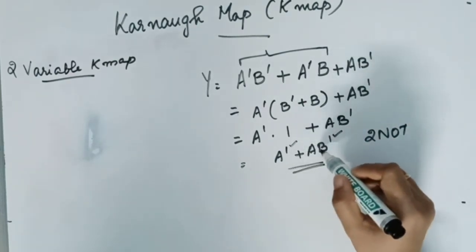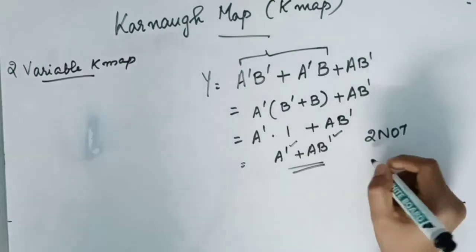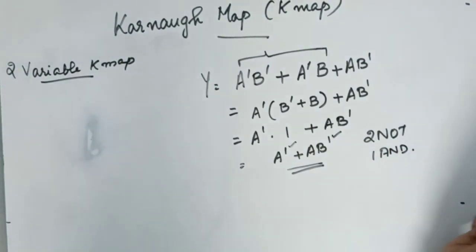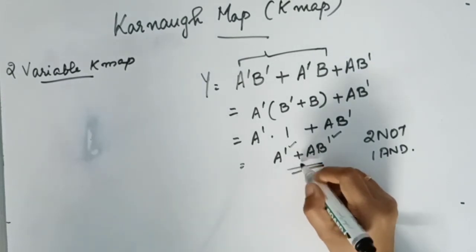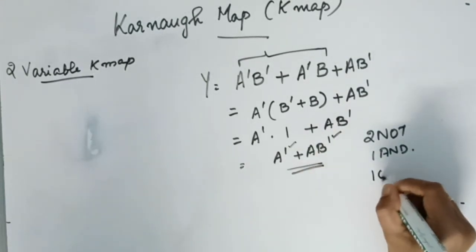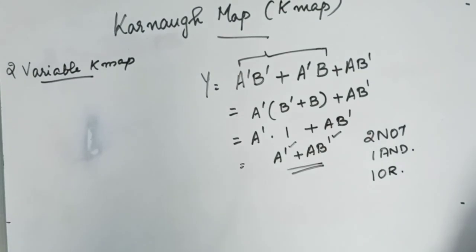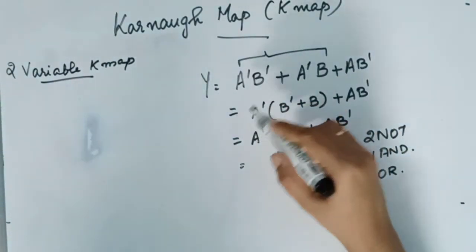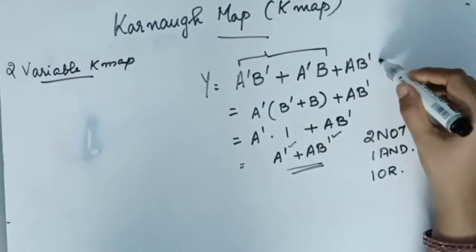Then here a into b bar, so you need one AND gate, right? And here you have a plus, so you need one OR gate. So this is what you need after simplifying the Boolean expression.